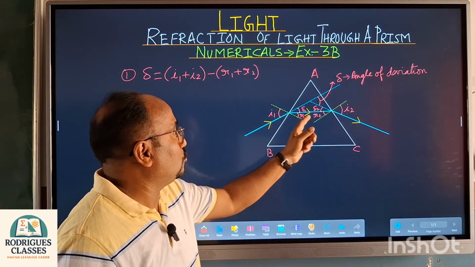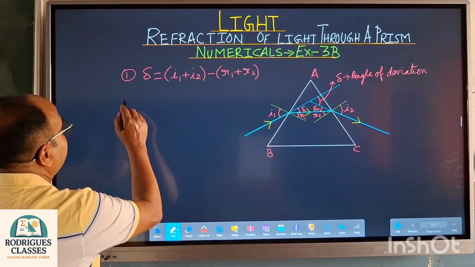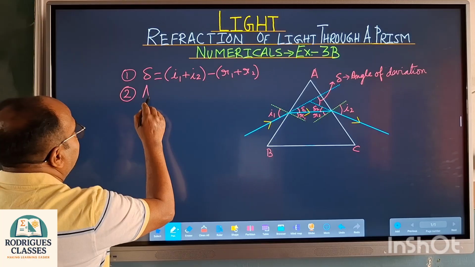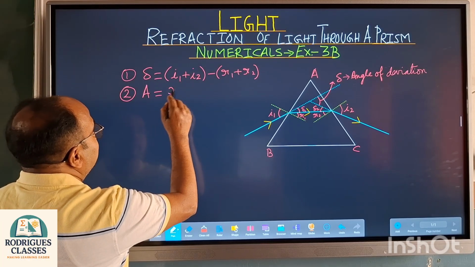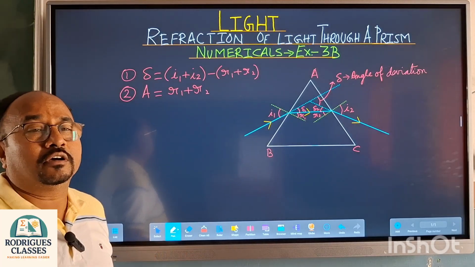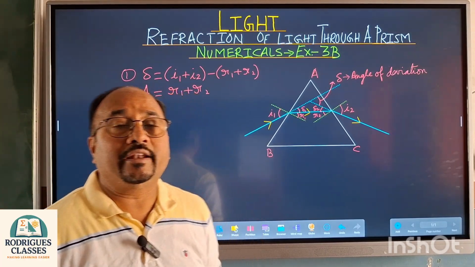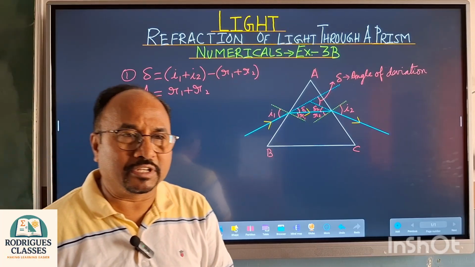Then these two, R1 and R2, can be related with the angle of the prism. With this formula, the angle of the prism will come as R1 plus R2. So if the two angles R1 and R2 are given, you can use this to get the angle of the prism.